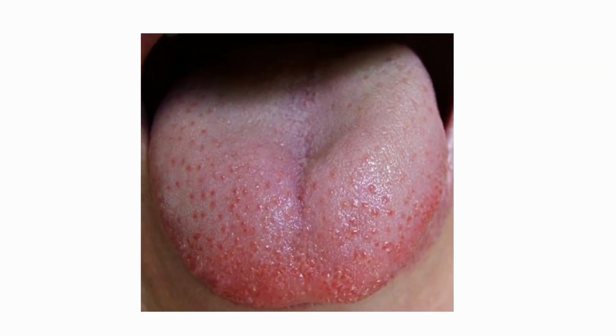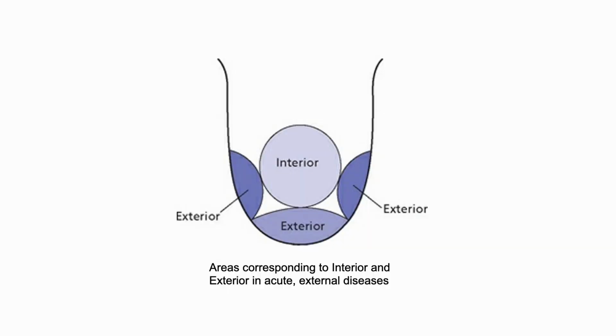The distribution of the red points also reflects the stages of penetration of an external pathogenic factor. In the very beginning stages of an invasion of external wind, the red points may be more concentrated on the front third or on the sides.